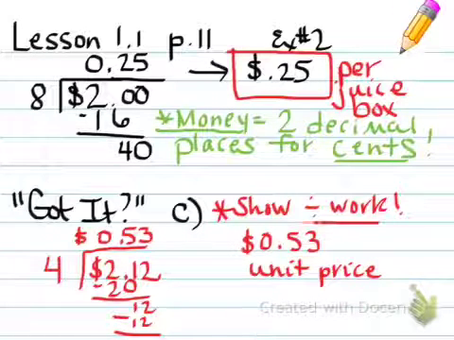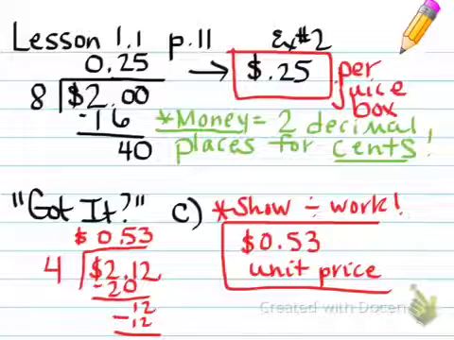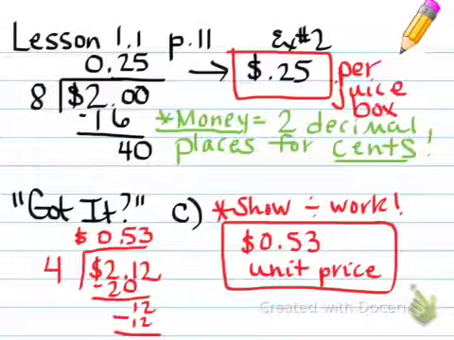And you can see the work here for getting the final answer for the unit price for the got it C. 4-pack into $2.12 works out nicely. 53 cents per pack would be the unit price.